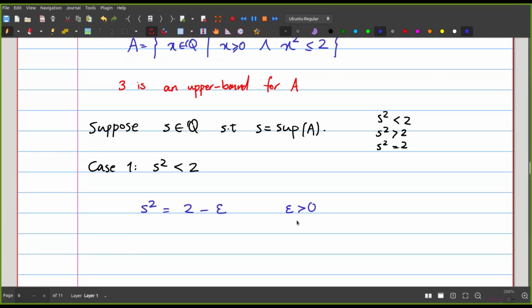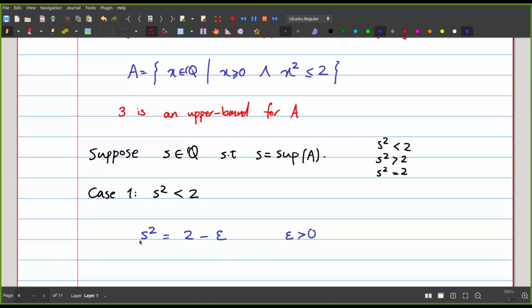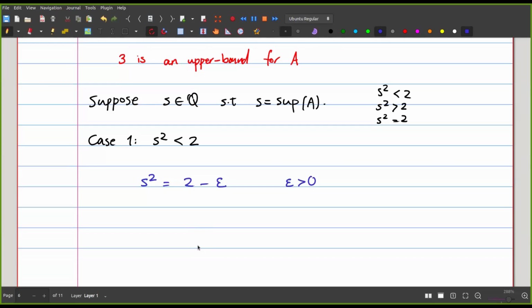Okay. So what I want to do in this case is I want to find some number in A that is actually bigger than S. And if I can do that, then I've shown that S is not even an upper bound of A. And so it can't be the supremum because it's not even an upper bound, right?